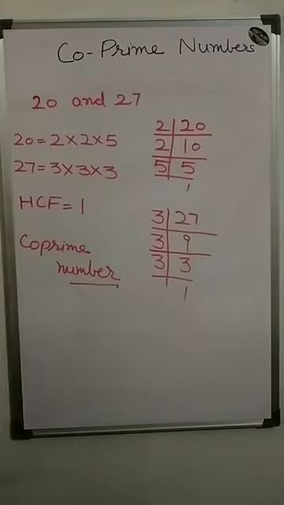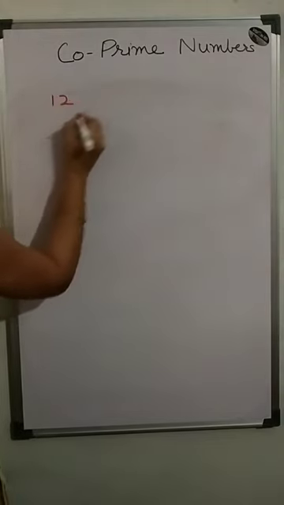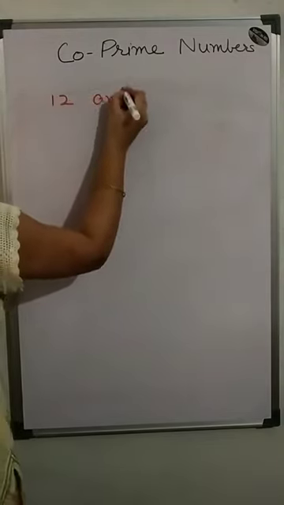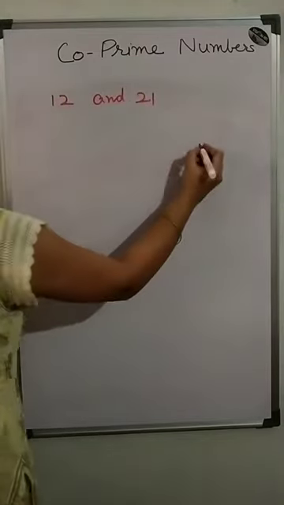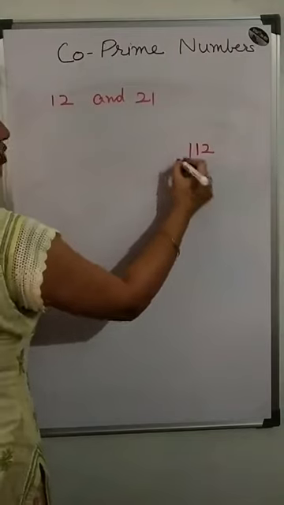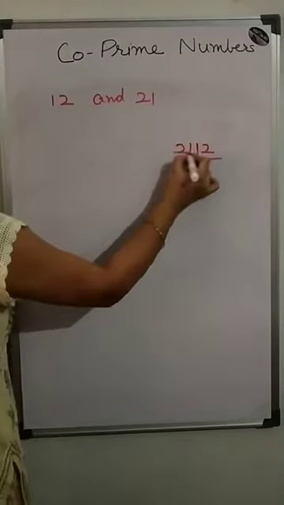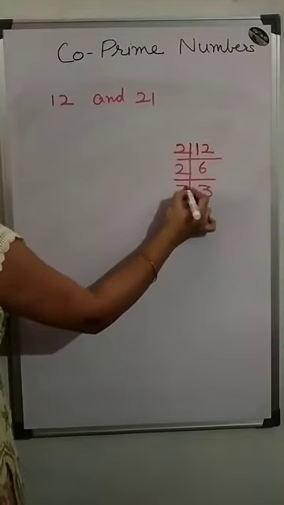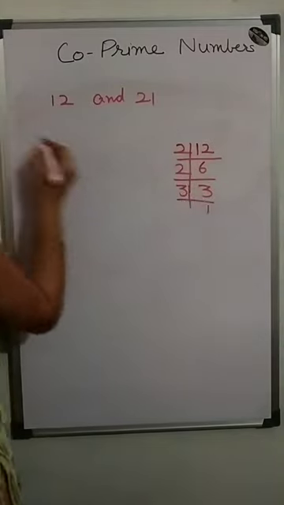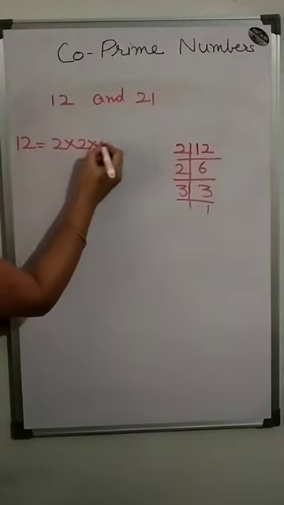Let's take one more example. 12 and 21. Now again you calculate their factors. 12 is an even number, so we can divide it by 2. Divided by 2, 2 sixes are 12, and then 2 threes are 6, and 3 ones are 3. So 12 is equivalent to 2 multiply 2 multiply 3.